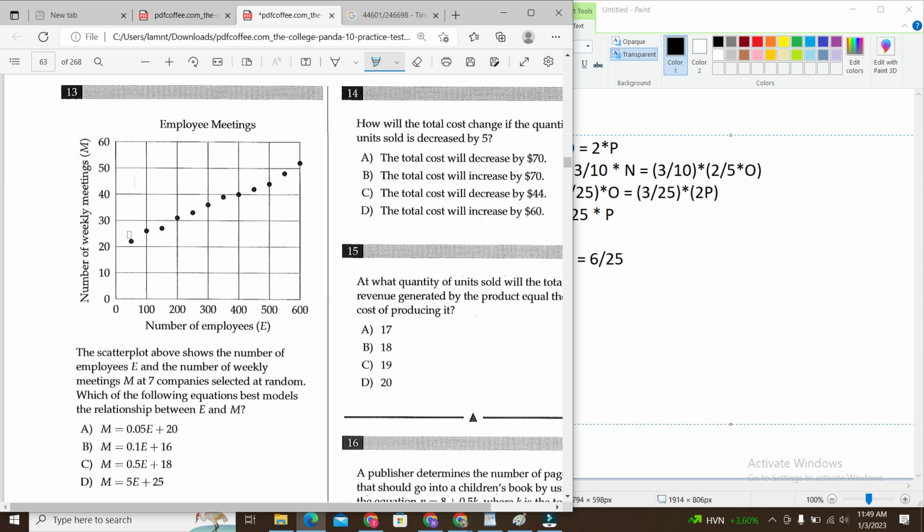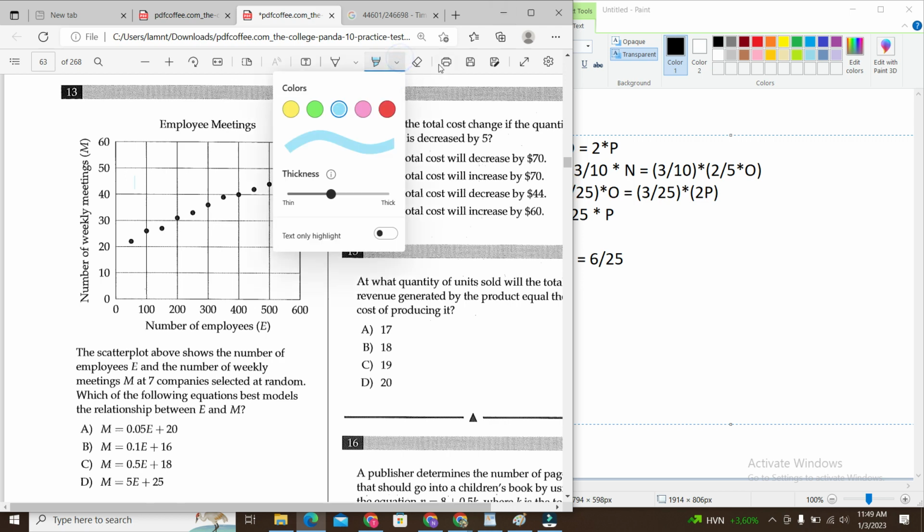So we have a graph that is very similar to a line. They give us the scatter plot of the graph of the number of employees versus number of weekly meetings, and that's shown as almost a linear graph.